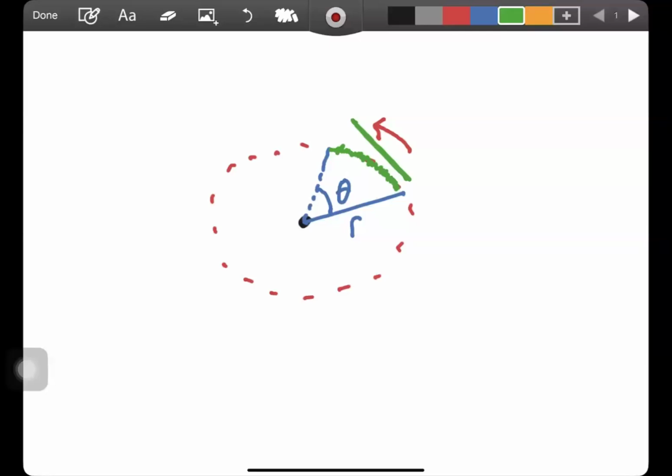And this green is going to be equal to r multiplied by theta. And so in the linear equation, say when we're working in the horizontal direction, this would be equivalent to x in the horizontal direction in the linear sense.